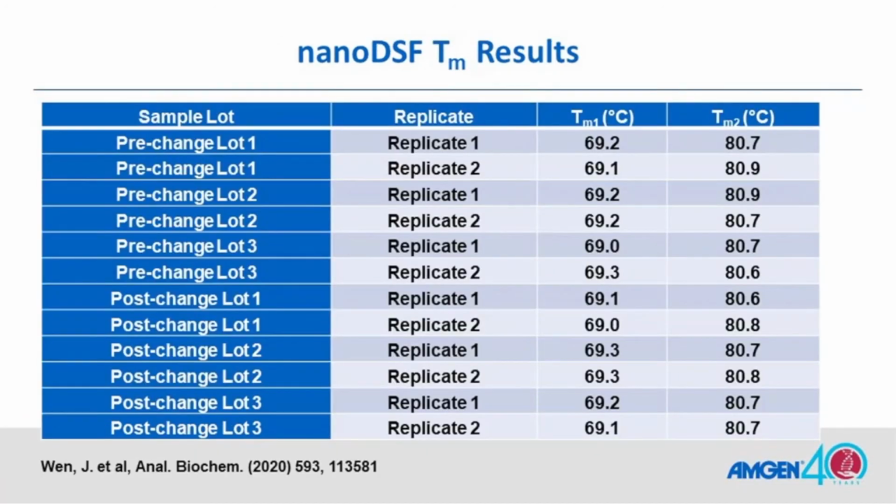Here are the nanoDSF Tm results. You can see pre-change lots here and the post-change lots here. They replicate, and the Tm values. We used JMP and did the statistical analysis for these Tm values.